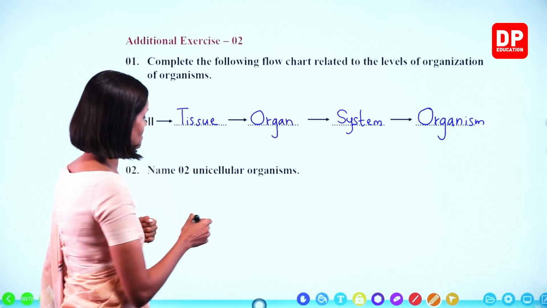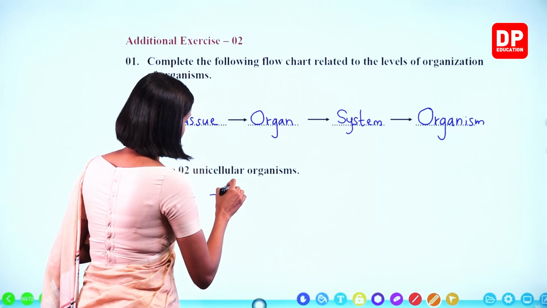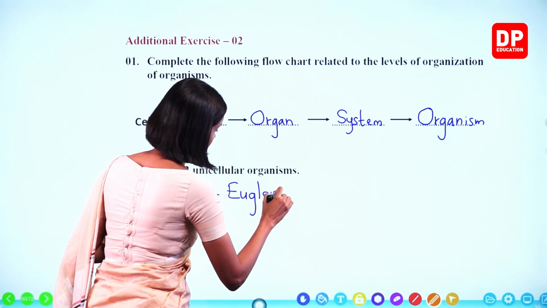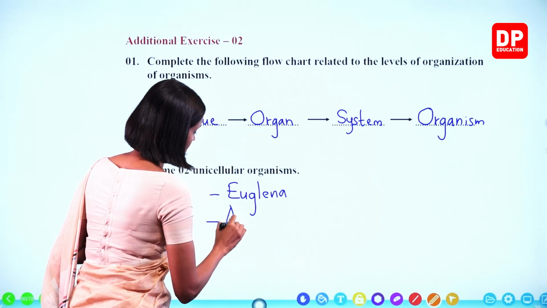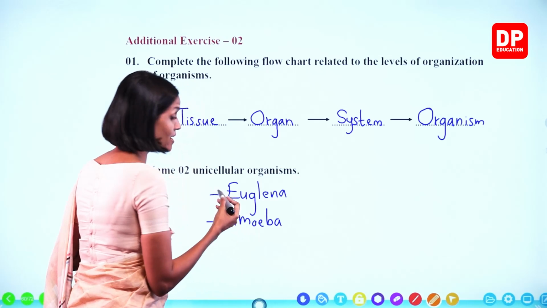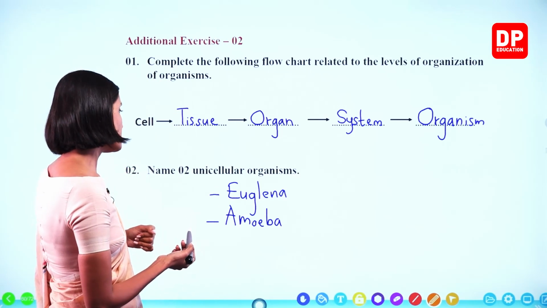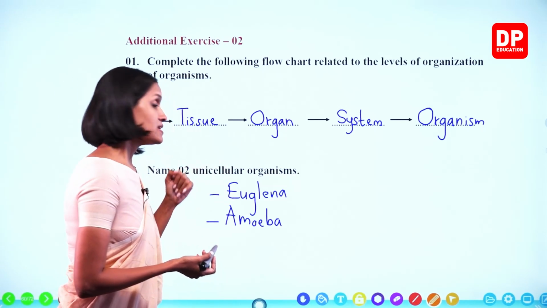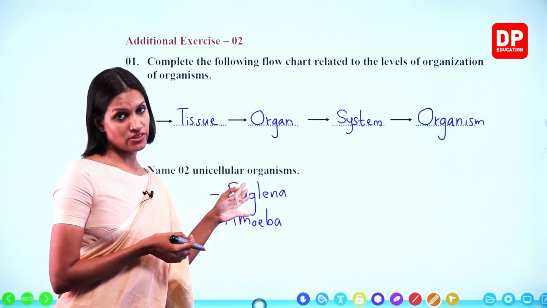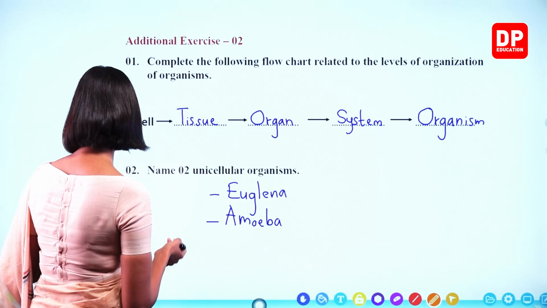Now we'll write euglena, amoeba. And we learned about the paramecium too, right? They are present as unicellular or single-celled organisms, right? Euglena, amoeba, the examples, okay? We'll move on to the next.